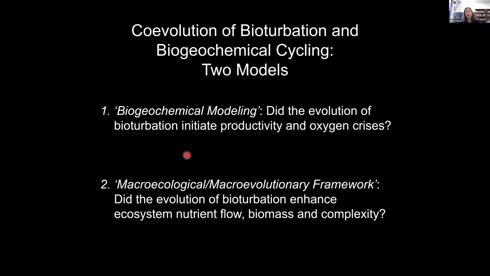And on the other hand, we have the predictions of macroecological and macroevolutionary theory that the emergence of bioturbation, like other forms of ecosystem engineering, should, on the other hand, enhance the flow and transfer of nutrients through ecosystems, thus sustaining greater organism size and greater ecological complexity. And I find this apparent dichotomy quite fascinating. Does this mean that one of these frameworks must be fundamentally flawed? Or could there potentially be some way to reconcile them?